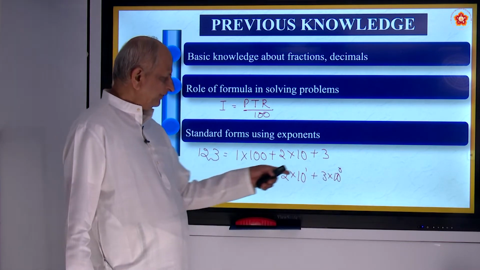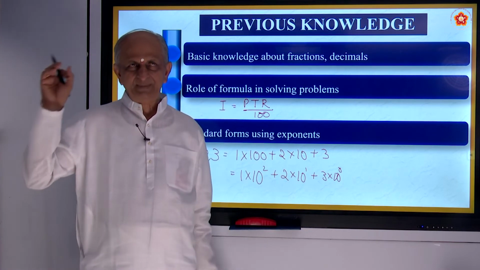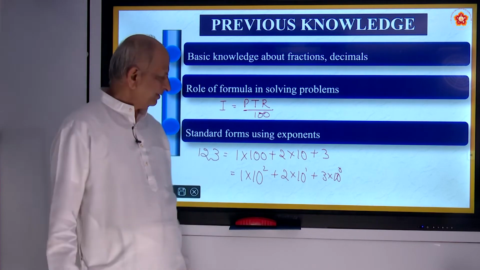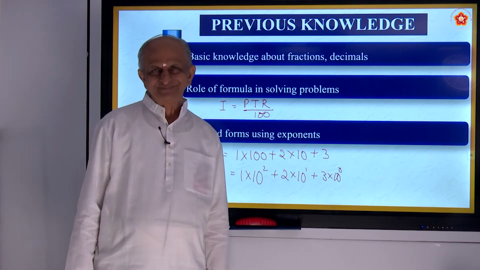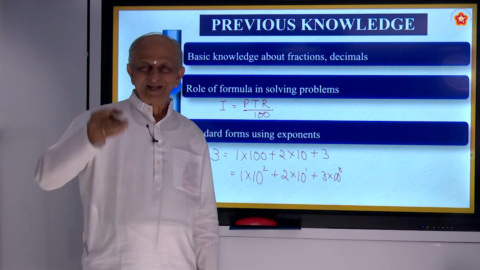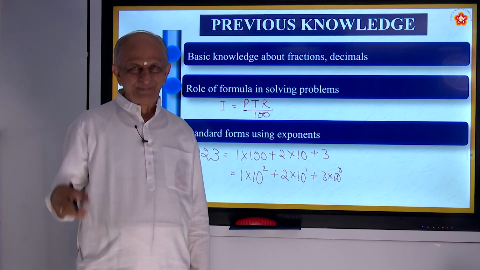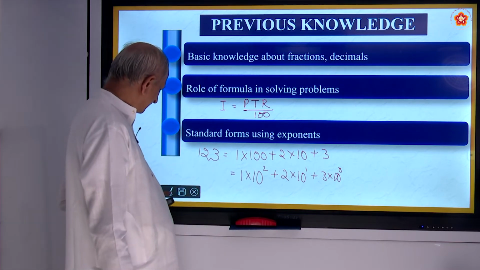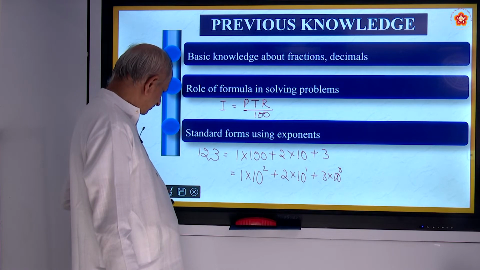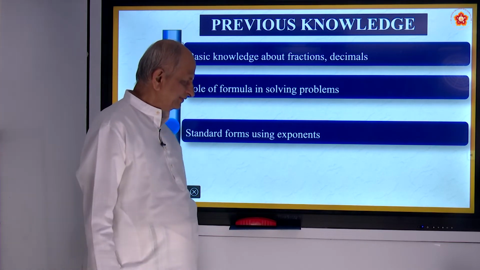That is exponential form. And also very big numbers can be written shortly by standard forms. Distance between earth and the sun, distance between earth and the moon, or diameter of the sun, etc. So, all these can be written in the form of exponents.